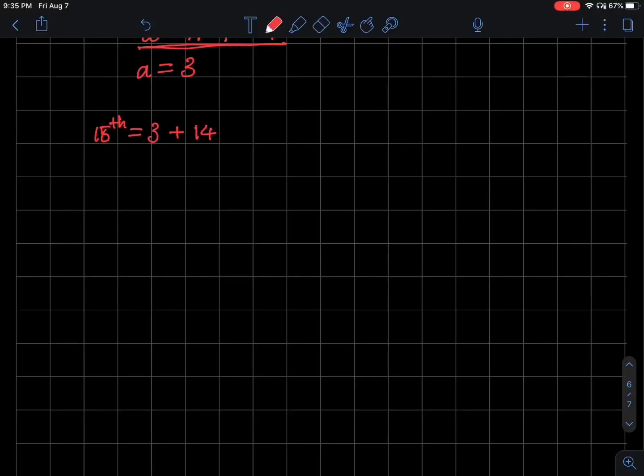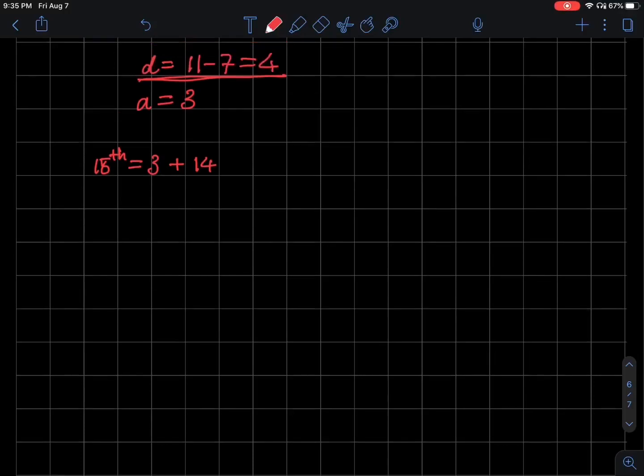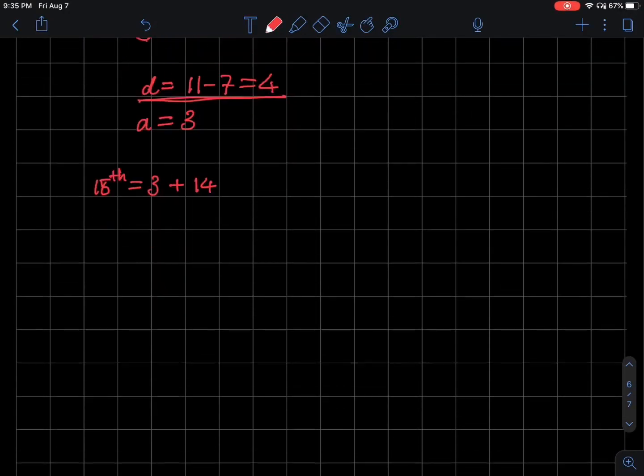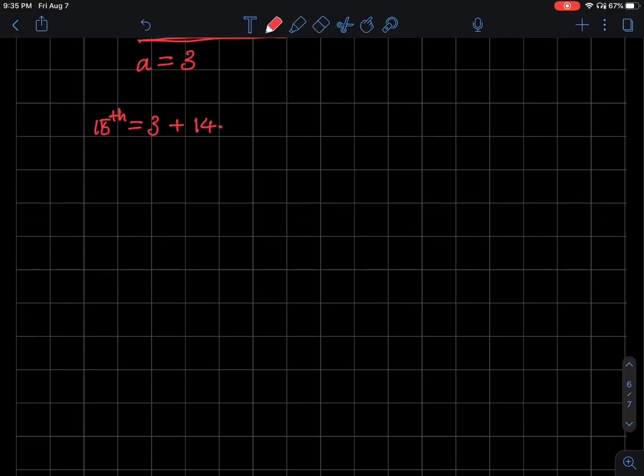And each of those 14 steps, you increment by 4, which is the common difference, right? So in each of the 14 steps, you're going up by a value of 4. So when you do this, you get 3 plus 14 times 4, which is 56, which is 59. And there you go.